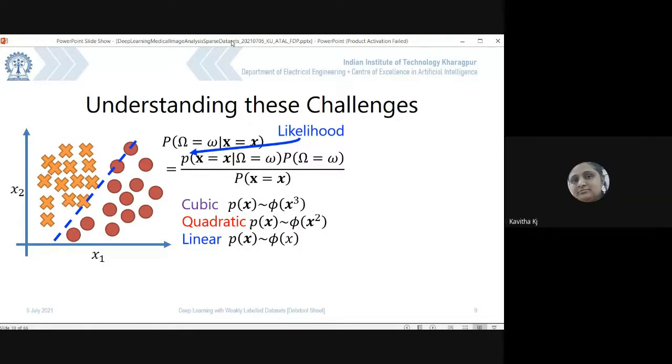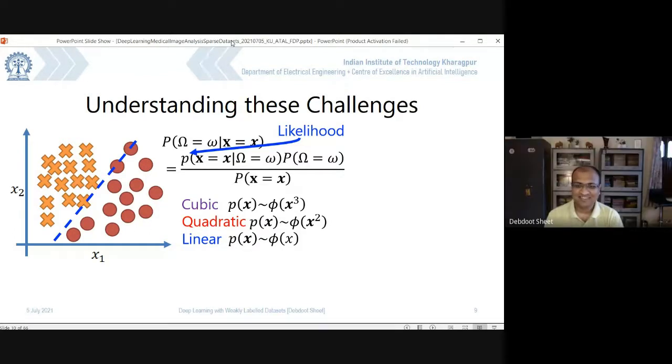Now what is that n? A generalized quadratic. So can somebody write down a generalized quadratic equation? If you have a polynomial of order n, then you have n plus 1 number of free variables.